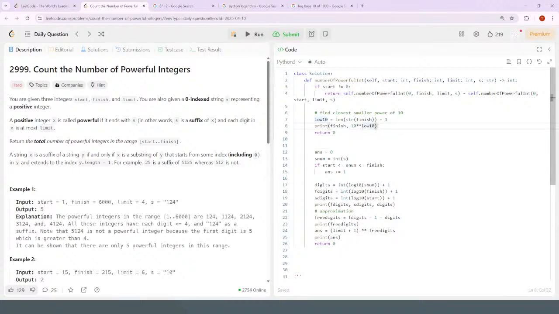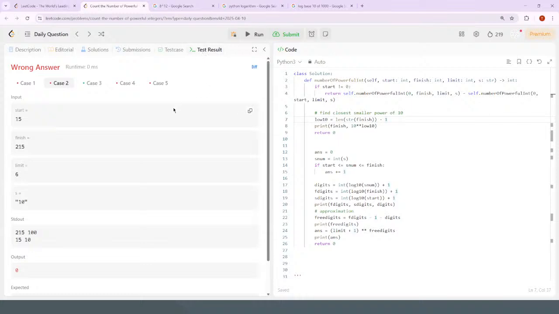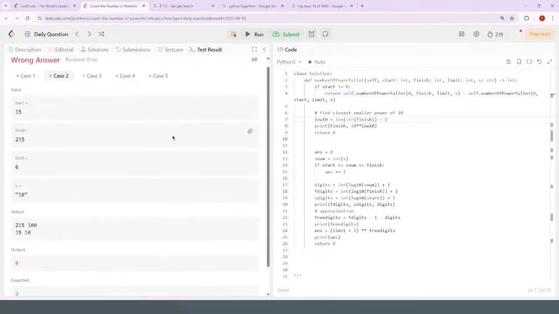All right. Anyways, find the closest smaller power of 10. So from that power of 10, let's say it's 100, you would calculate the number of free digits from that power of 10.